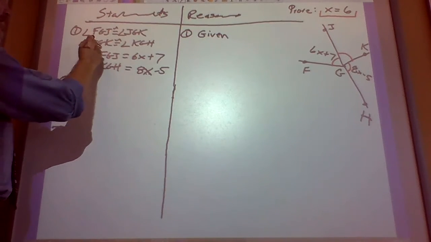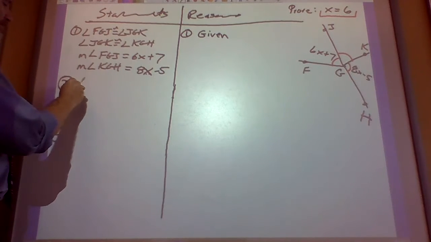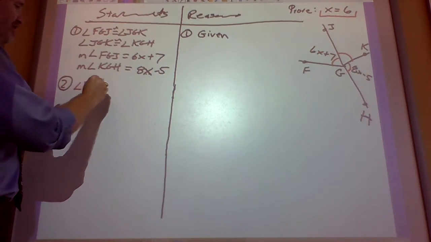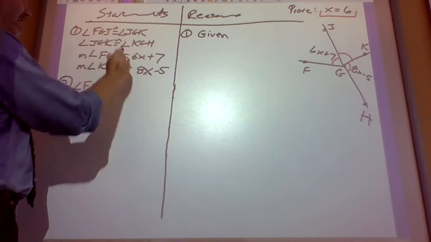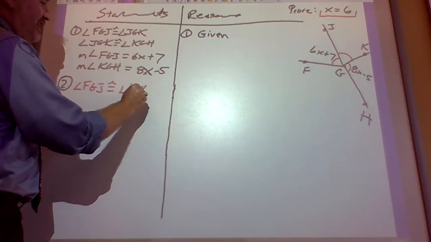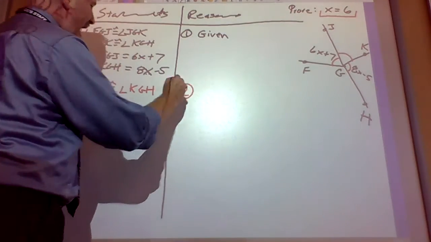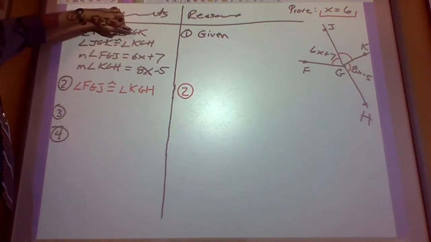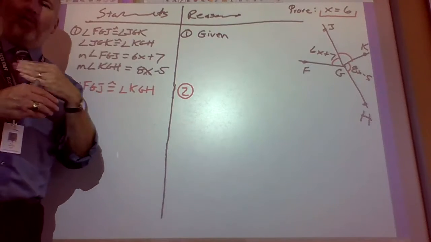We're going to make the jump from angle FGJ, angle FGJ is congruent to angle KGH because of what? How do we know we can make that jump? Because FGJ is congruent to JGK and JGK is congruent to KGH. What did I just say?